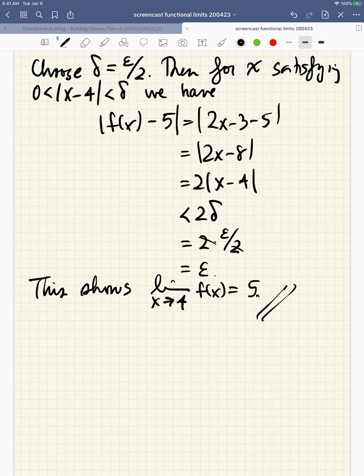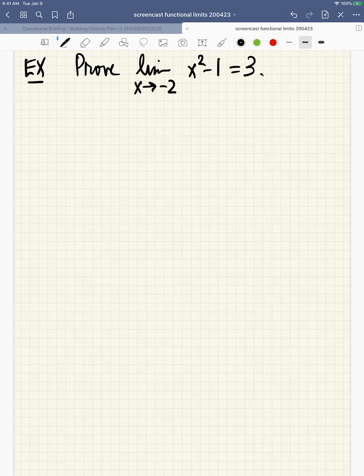Let's do another one. Prove that the limit as x goes to negative 2 of x squared minus 1 equals 3. Okay, so let's do some scratch work here. So f(x) in this case is x squared minus 1.